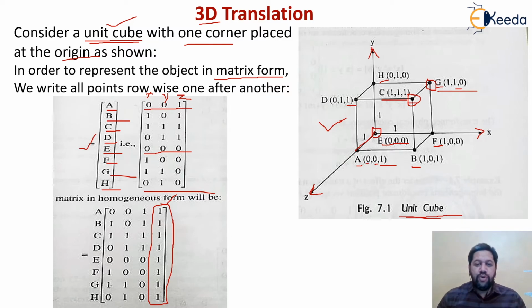I hope all of you easily understood how my 3D object is represented. As an example, this is my 3D object called a unit cube, represented into the 3D values. It is having all these A, B, C, D, E, F, G, H points. It is stored into the matrix, and I convert this object into the matrix.